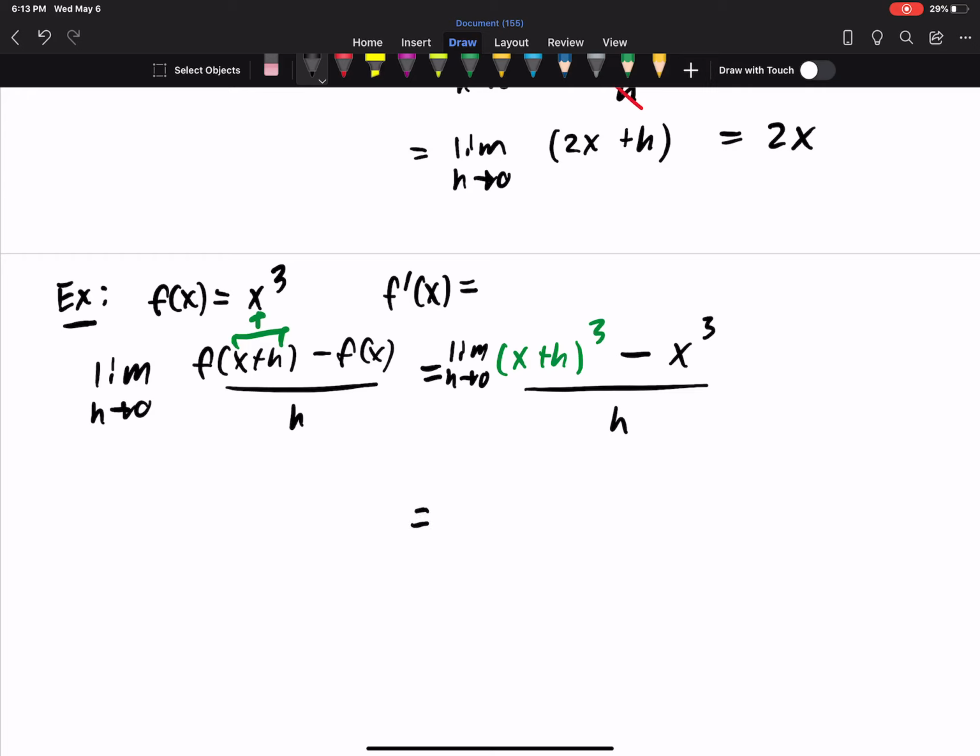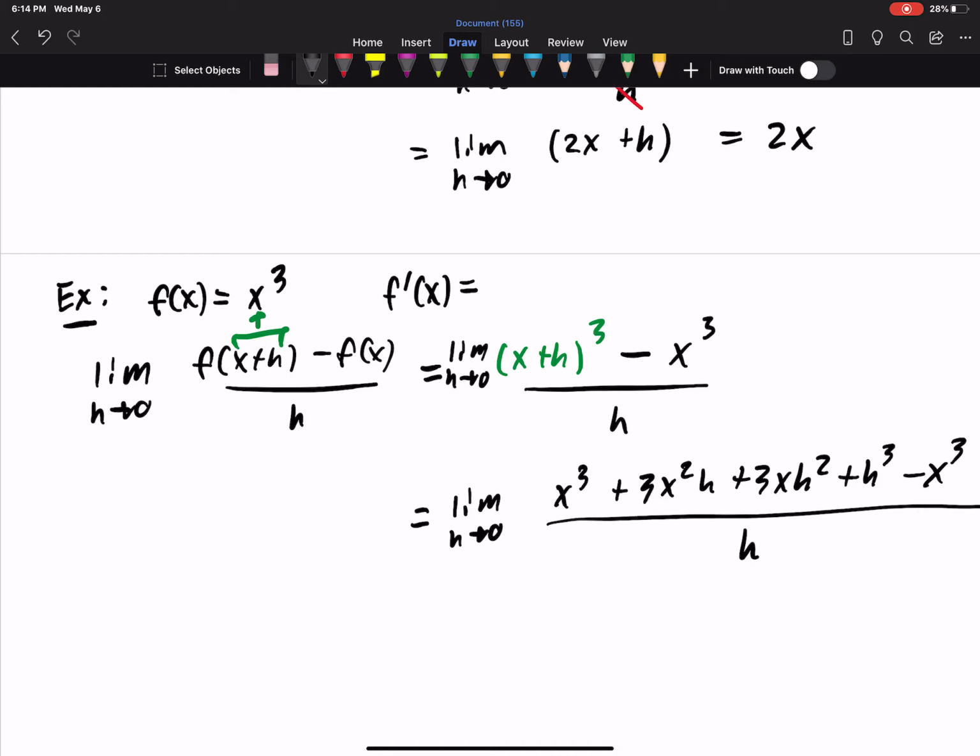This is not algebra practice. I just wanted to go through this to show you where this formula comes from. So FOILing this out, I'll copy paste my limit. Then I have x cubed plus 3x squared h plus 3xh squared plus h cubed minus x cubed all over h.